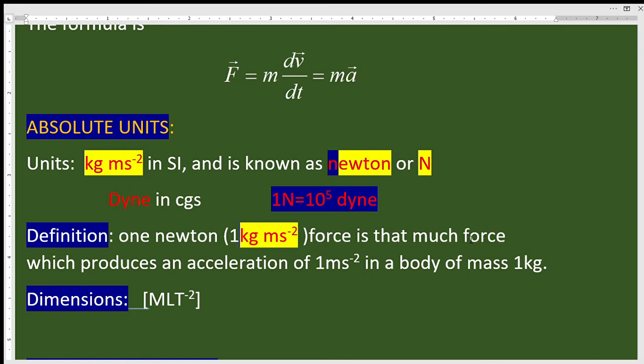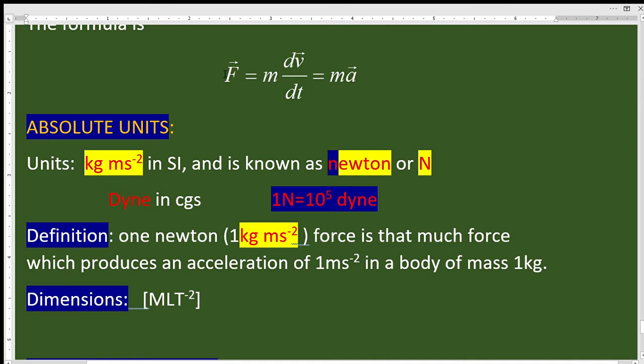So 1 Newton force is that much force which produces an acceleration. When you apply force, there is acceleration. When there is acceleration, there is force. So this relation is telling you something you have to find.